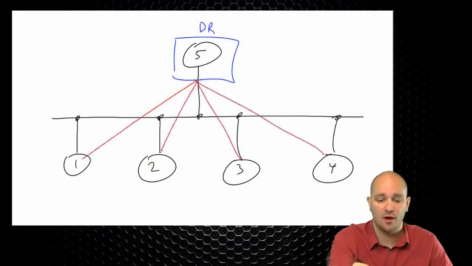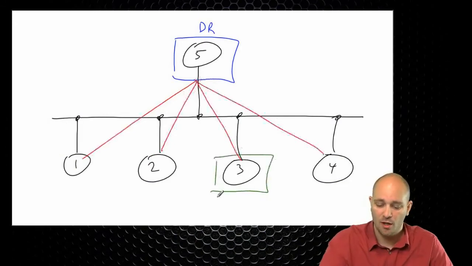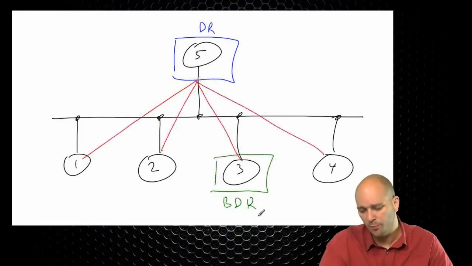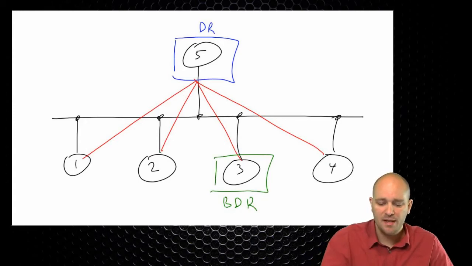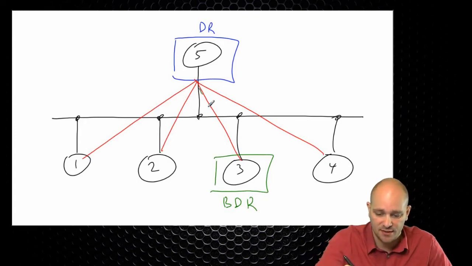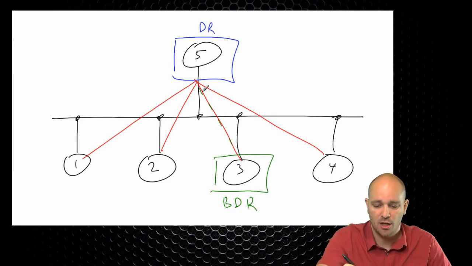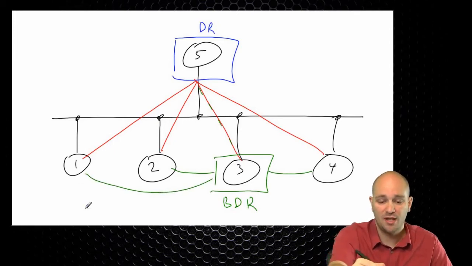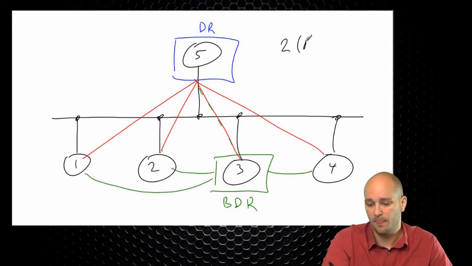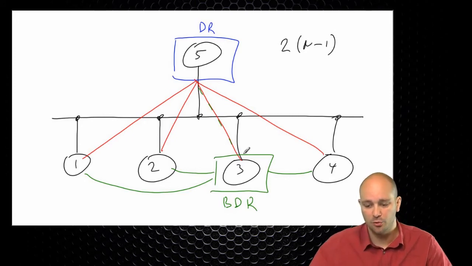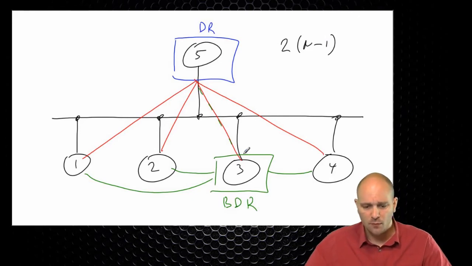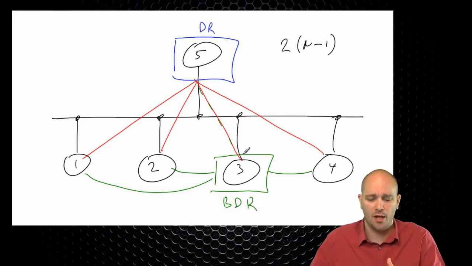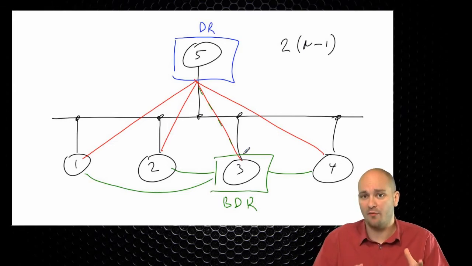Let's say that R3 here was elected to be the backup designated router. The BDR will maintain the adjacency with the DR, so this adjacency here exists, but it's also going to maintain adjacencies with all other routers. So the actual number of adjacencies is going to be 2 times n minus 1 in our network, which is still much, much fewer adjacencies than we have with full mesh.